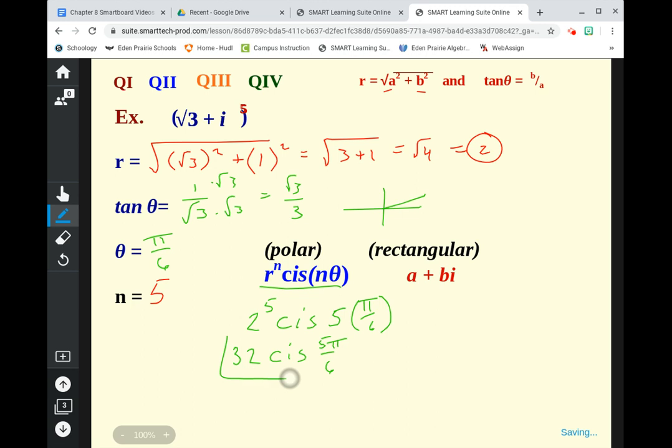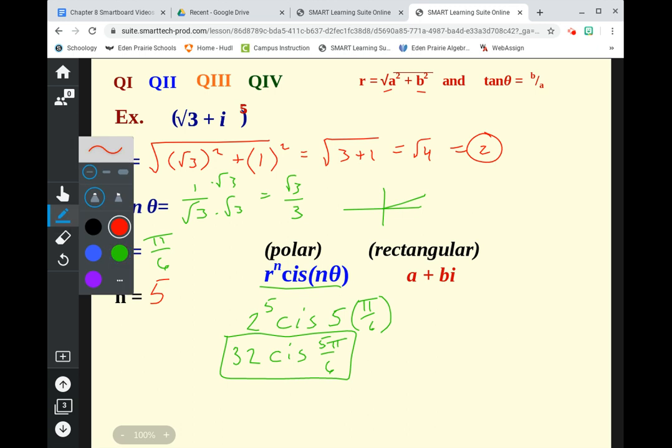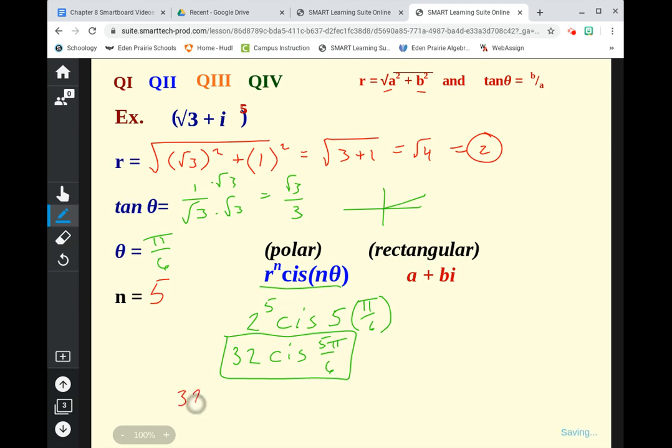So this is the polar form. Now if they ask for the rectangular form of root 3 plus i to the fifth power, we can expand this and see what we have. If I expand the cis form, it's really just 32 cosine of 5 pi over 6 plus i sine 5 pi over 6.